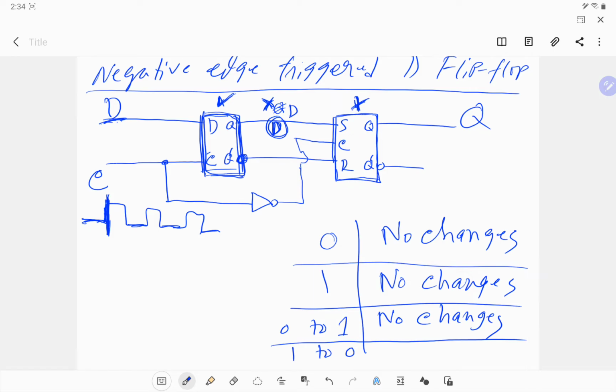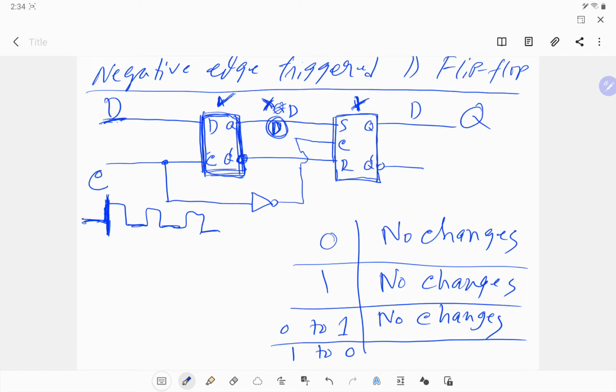Then as soon as the control input goes to 0, the first flip-flop becomes inactive, but the second flip-flop becomes active because its control input is 1. So then this data D will go to Q.